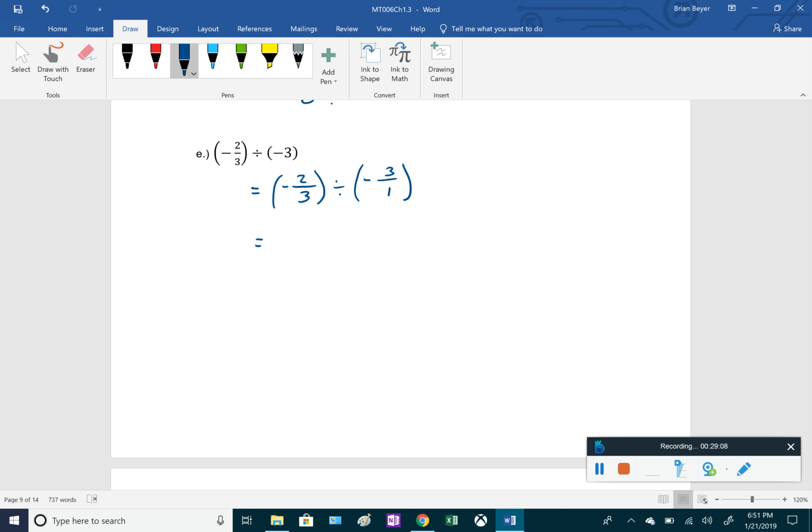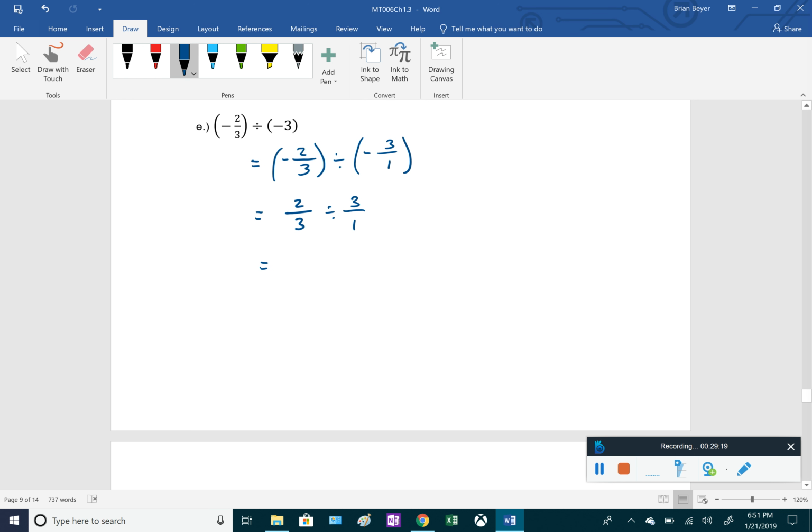So I'm going to rewrite this and I'm going to get rid of the negatives. So it's 2/3 divided by 3/1. And keep, change, flip. So 2/3 times 1/3. So it's going to be 2 times 1 is 2. 3 times 3 is 9. So 2/9.